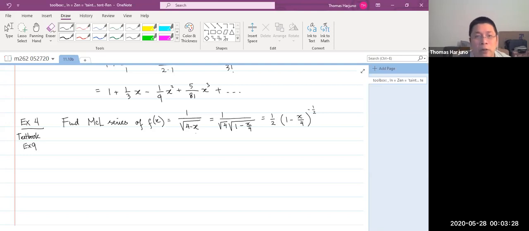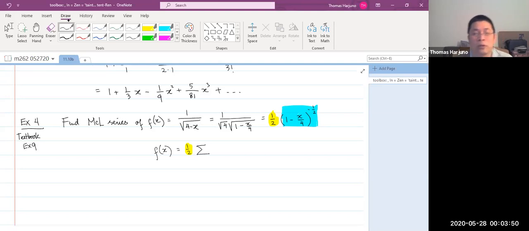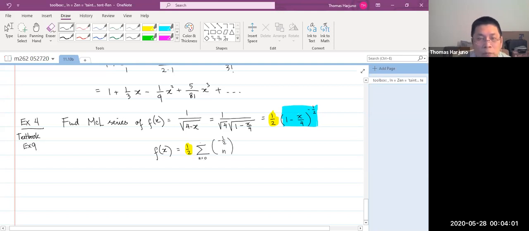Okay, then that 1/2 stays, and this is the one I change into binomial expansion, which is the summation of negative 1/2 choose n, n from 0 to infinity, of x over 4 to the power of n.